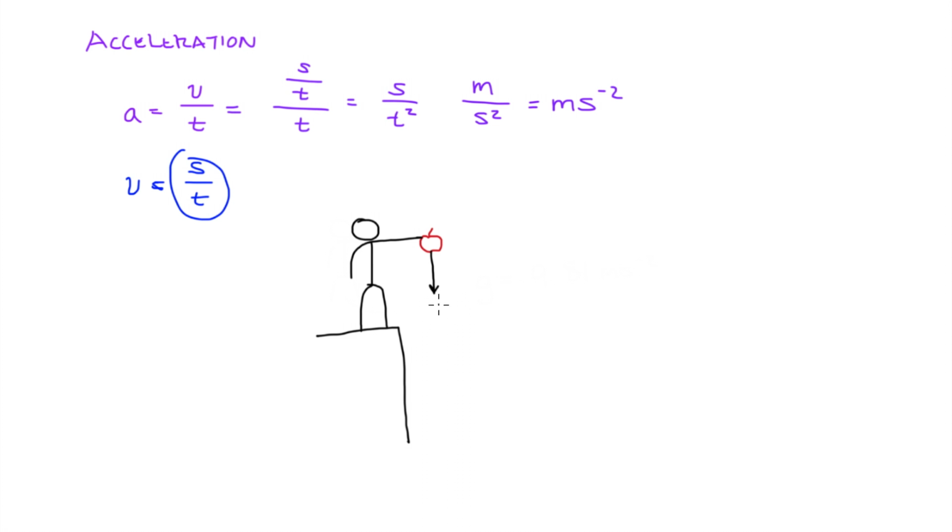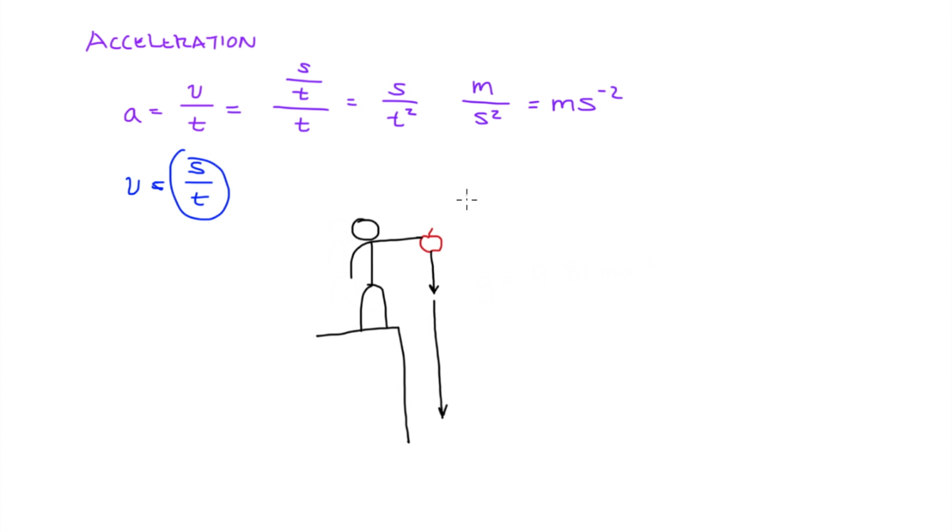But once it gets to this point, then the velocity has increased. Right? When you drop something, it gets faster and faster the further it gets from your hand. And so this means that because the velocity is changing, because acceleration is the rate of change of velocity, the apple has an acceleration.